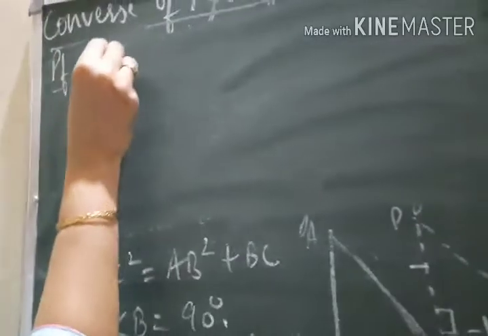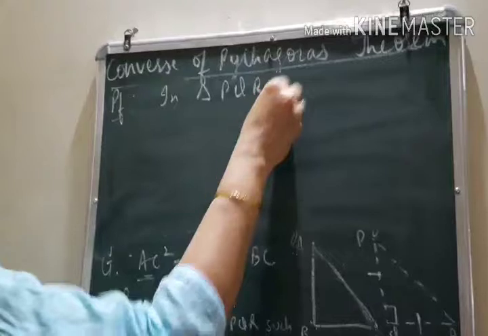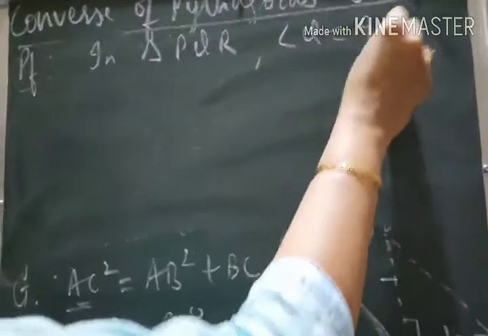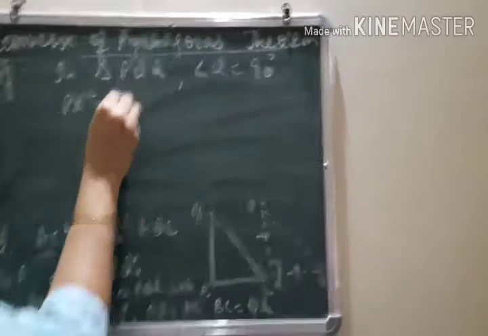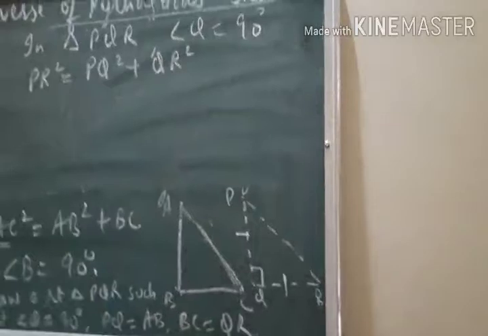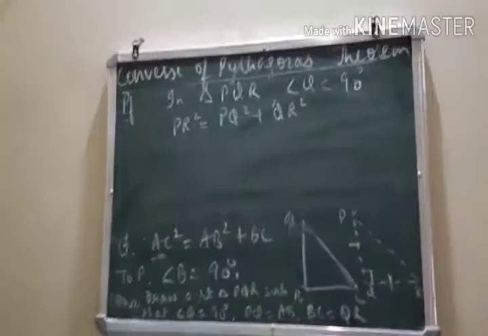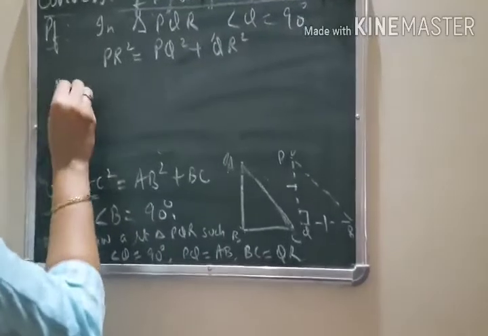Now, in triangle PQR, as we have taken that angle Q is equal to 90 degrees, we can apply Pythagoras theorem. That means PR square is equal to PQ square plus QR square. Pythagoras theorem says this. Already we have proved it, so we can use it. Now, also, what is given?